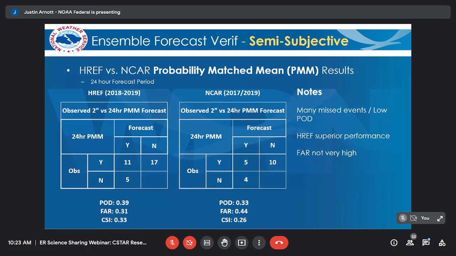PODs are below 0.4, so you're missing two-thirds of the events. You don't have a lot of false alarms, but you're having a lot of misses, and probably somewhat superior performance here comes from the HREF probability matched mean, because it has fewer false alarms. So at 2 inches, you've got some skill, but not a lot.